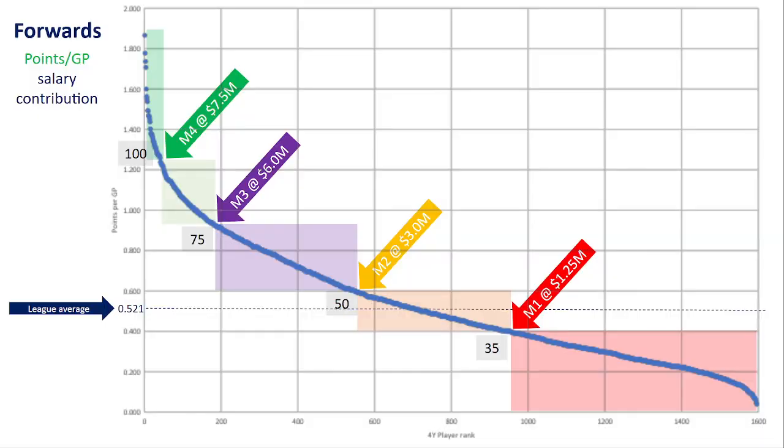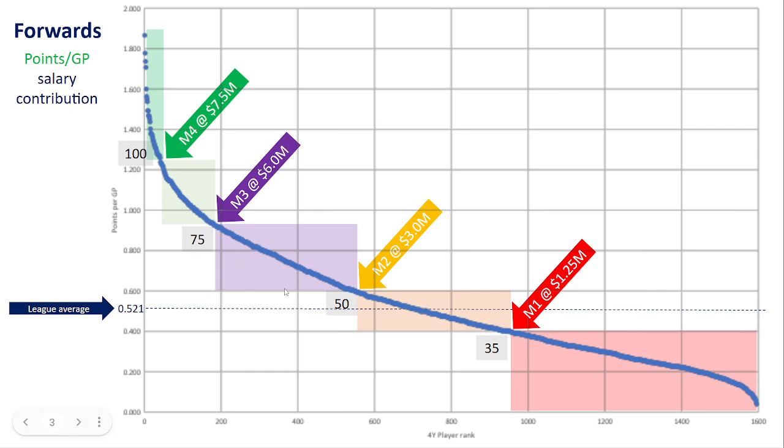So what do we see here? This is the points per game curve for all forwards from the last 4 seasons. On the bottom right are the most irrelevant players, then the curve hits around league average, and then the superstar tier is on the top left.